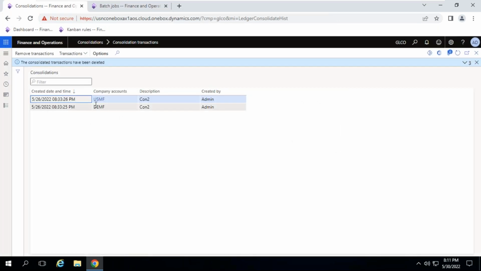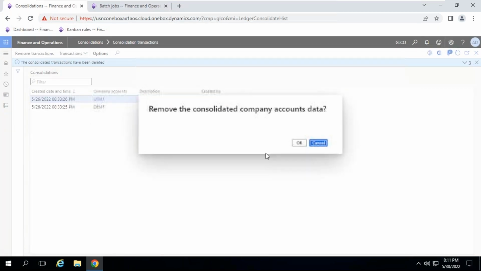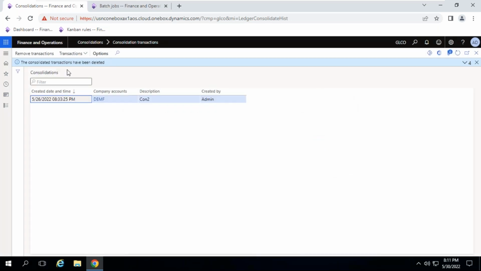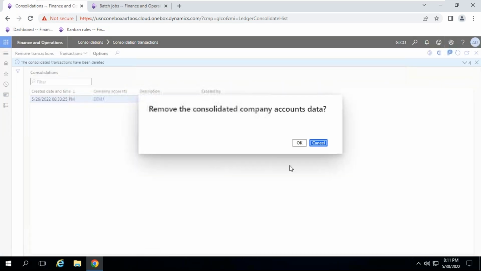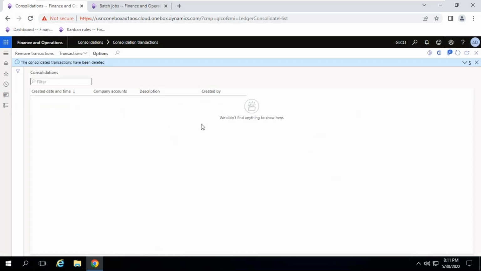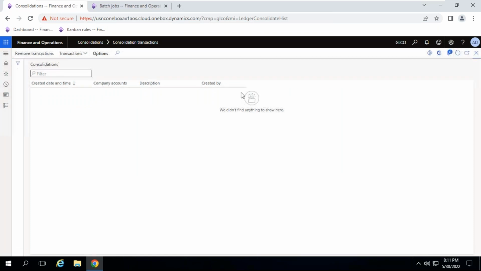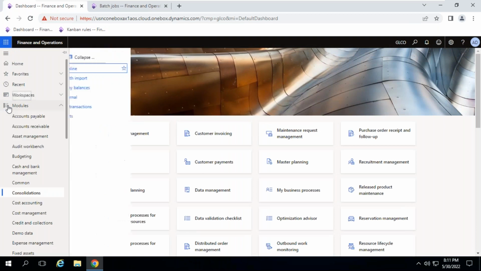Otherwise, if you want to keep it, it is fine. The data will be overwritten and moved to history. Don't worry about that. If you don't want to show it here, you can remove it, or if you want to rerun, you can run this.